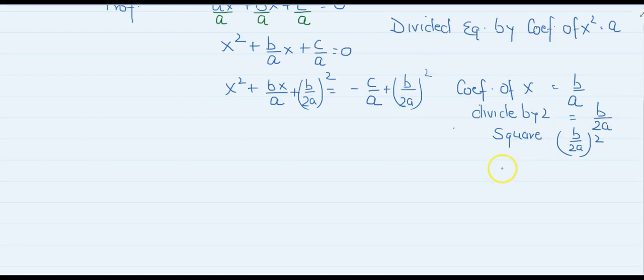So what we did, we add (b/2a)² on both sides. So this is step number 1, this is step number 2, this is step number 3 and this is step number 4. That is what we have done so far.